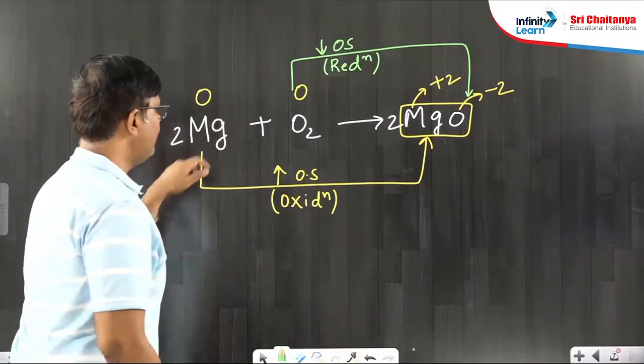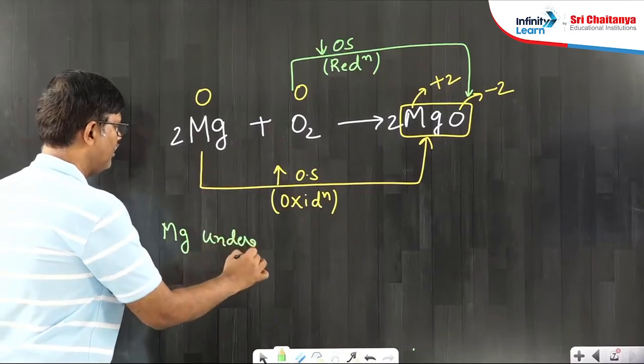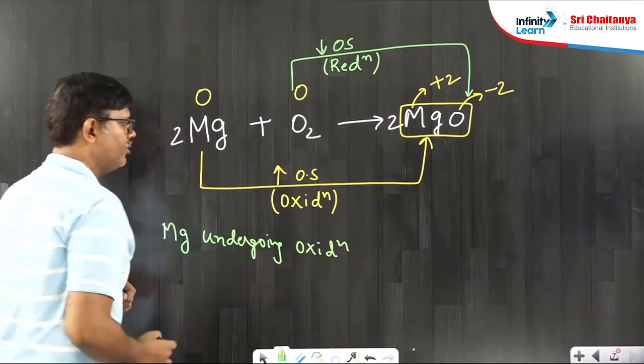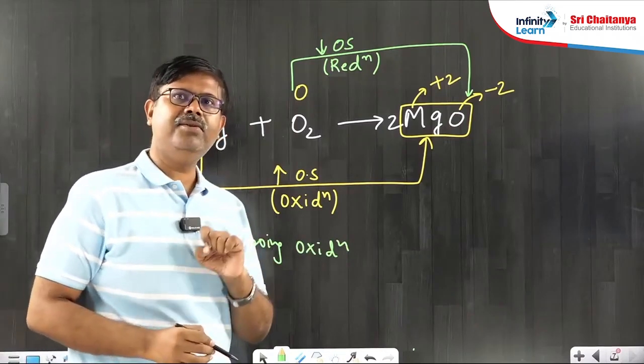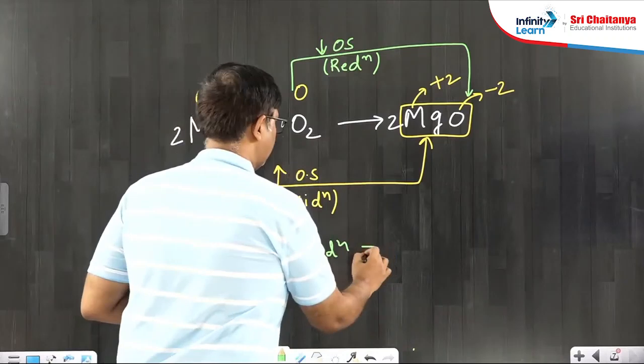So magnesium is undergoing what? Oxidation. So should we call it oxidizing agent or reducing agent? Undergoing oxidation means reducing agent.